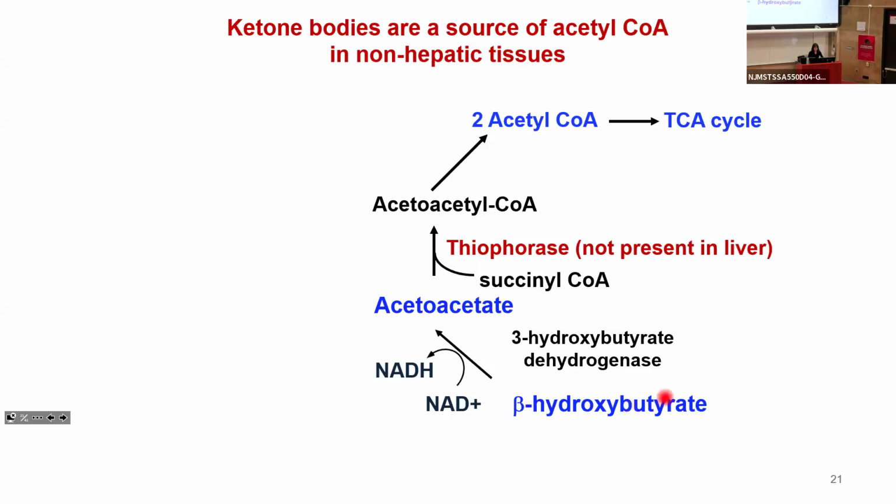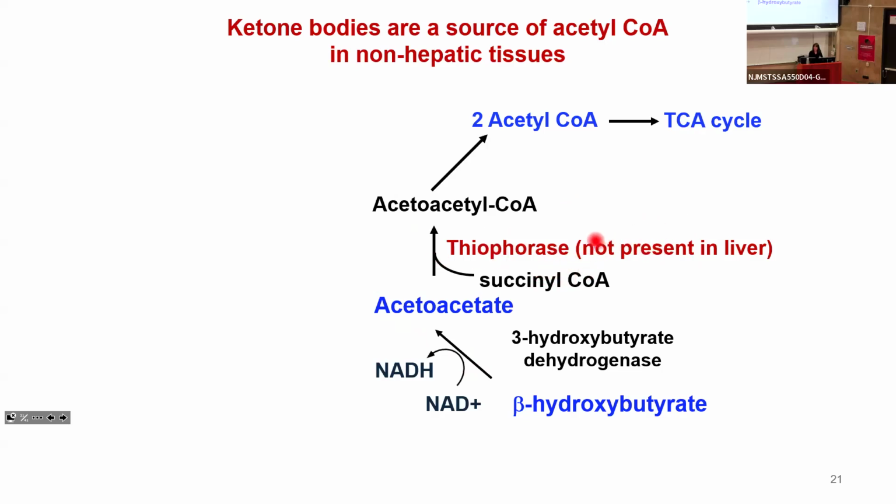So you can take the beta hydroxybutyrate, the acetoacetate. In this conversion here, there's an enzyme. You generate an NADH, right? So that's a carrier in the electron transport chain. You can convert the acetoacetate into acetoacetyl-CoA. And the enzyme that does this is not in the liver.